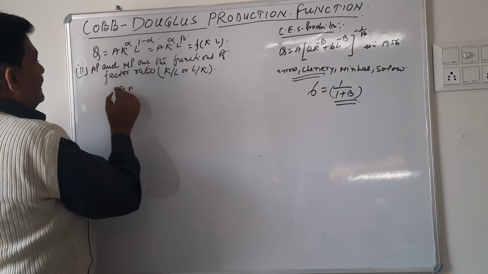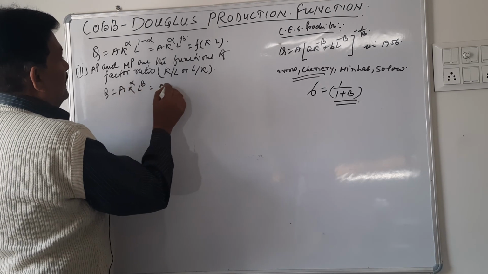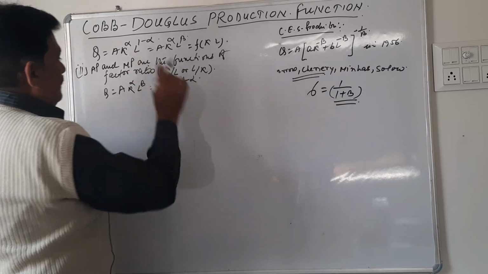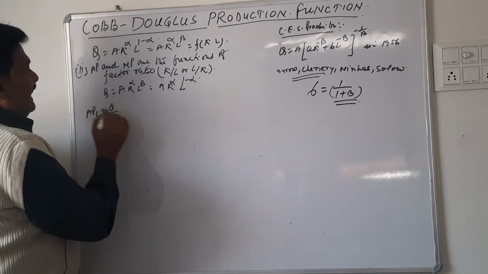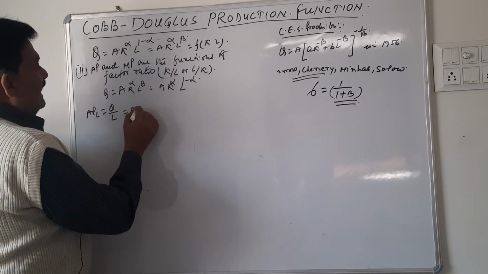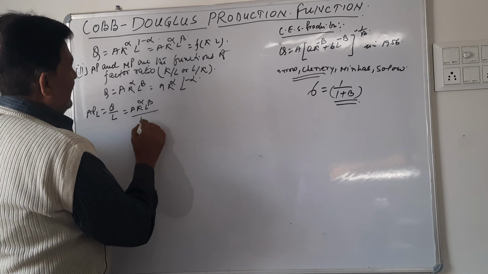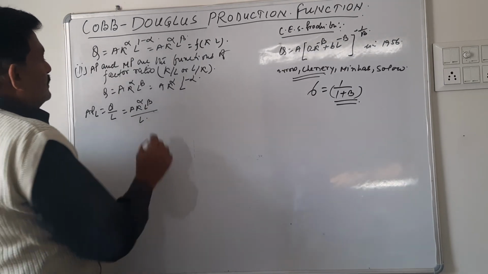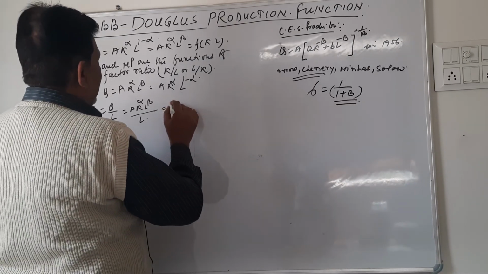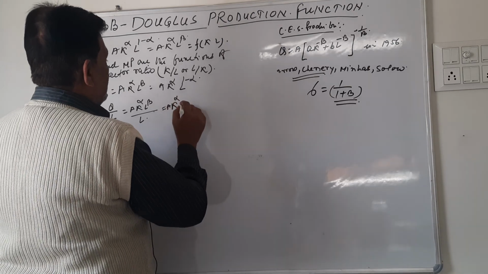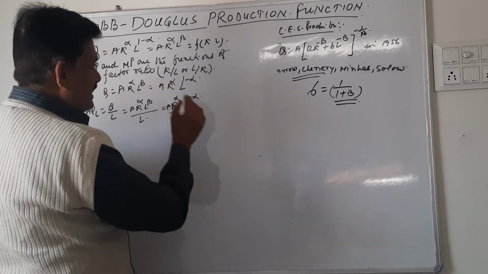Now we have the production function Q equals A K to the power alpha L to the power beta, more precisely A K to the power alpha L to the power 1 minus alpha. Now the average product of labor, that is Q by L. So A K to the power alpha L to the power beta divided by L. This can be written as A K to the power alpha L to the power 1 minus alpha divided by L. This L is taken into the denominator.